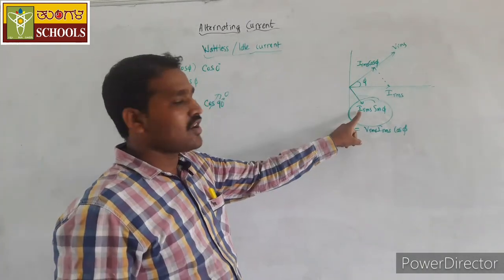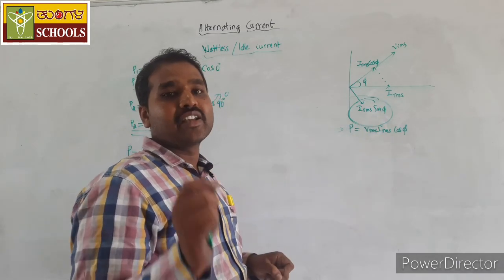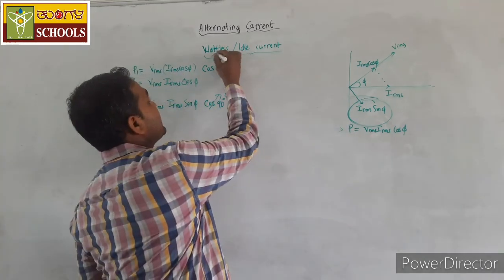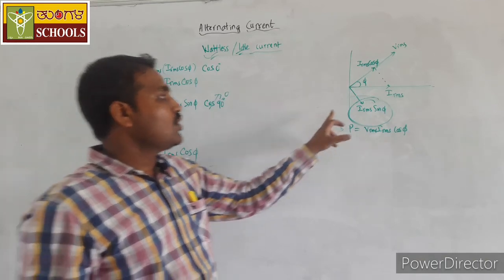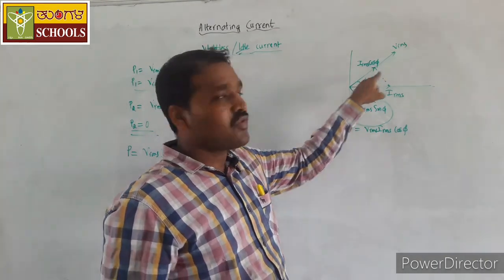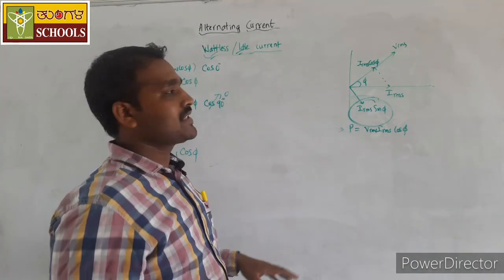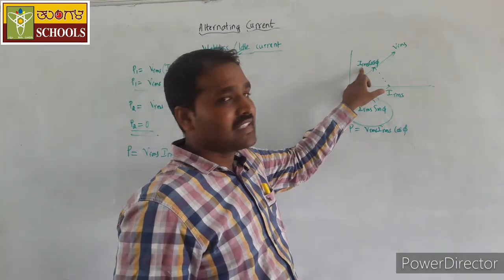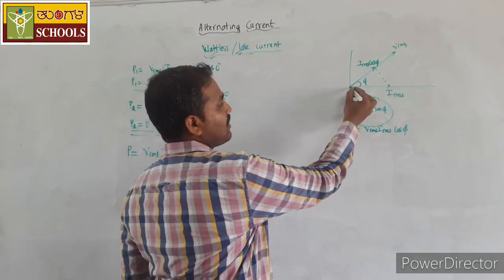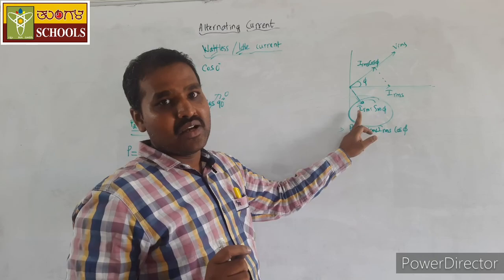This component of the current, IRMS sin phi, which does not require any power for its maintenance, is called Wattless current or idle current. Whatever power is given is only to maintain the current along the direction of VRMS. This perpendicular component of the current does not need any power for its maintenance.